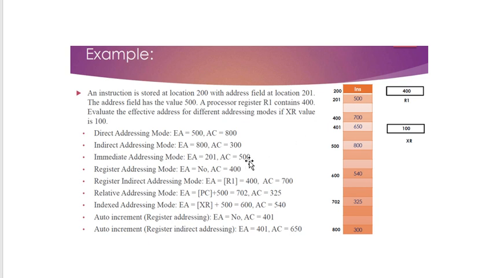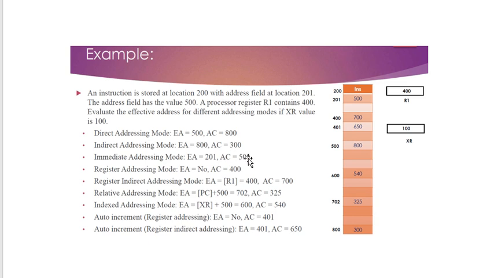So the accumulator will store 500. That's immediate addressing. If I say add 5, I'm not saying go and look at memory location 5, I want the 5 itself. But here the 500 is actually stored at another place, which is called 201. So that will become the effective address, but the accumulator will now have 500.